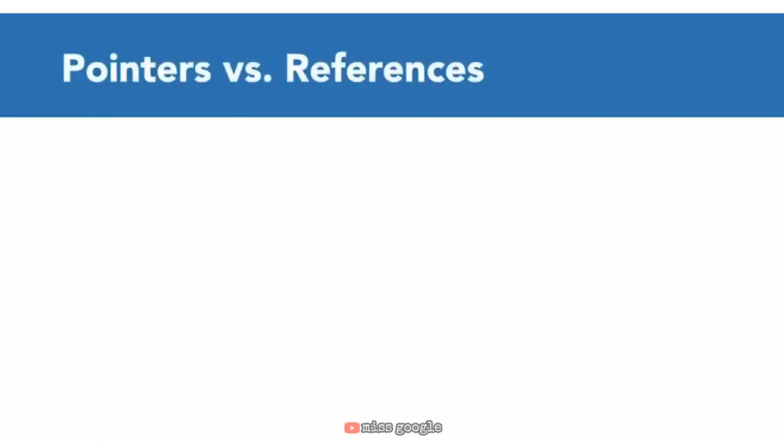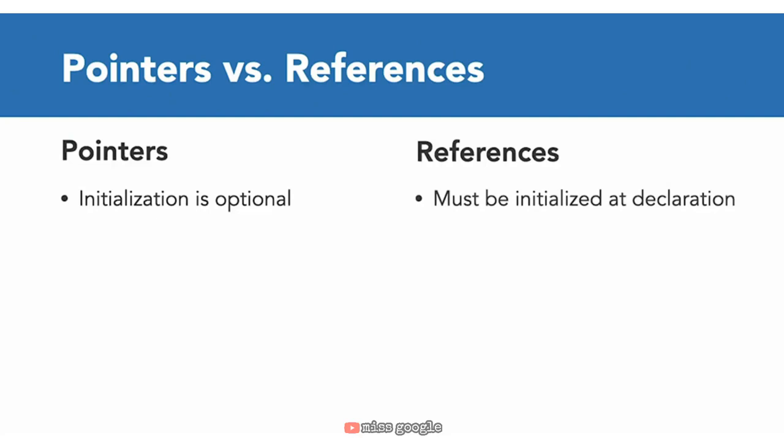Since pointers and references both allow us to refer to a variable indirectly, let me tell you some important differences between them. For pointers, initialization is optional, whereas references must be initialized at declaration. This means that a reference guarantees you'll find valid data when you use it.